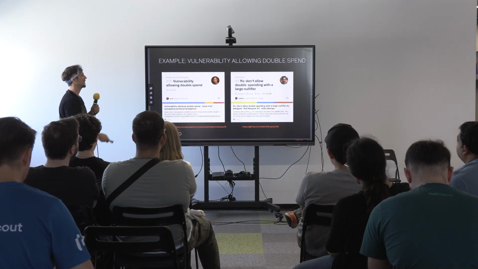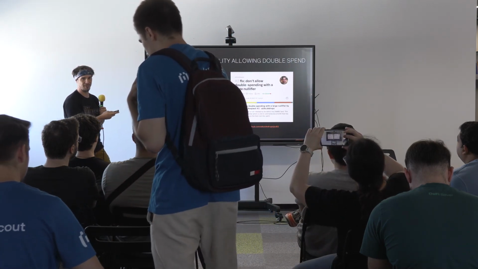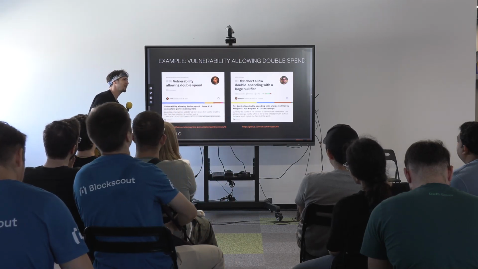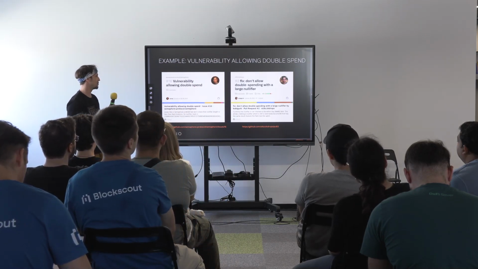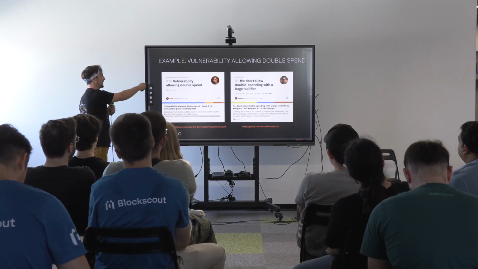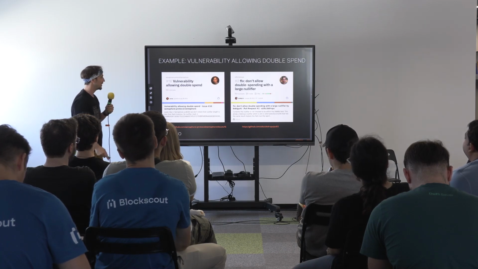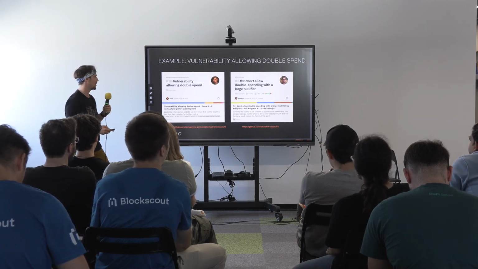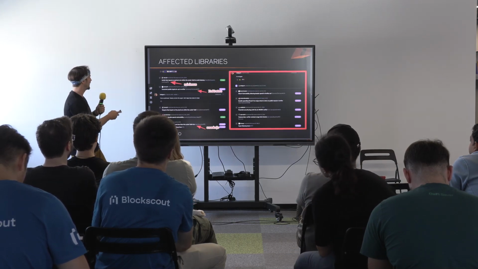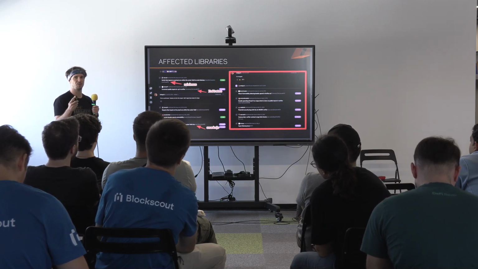So that's an example of a vulnerability you can find, and there was a very interesting thing that happened on GitHub. Roman Semenov, one of the developers who works on ZK, found this vulnerability that allowed double spend. It affected so many libraries. It was in 2019, and it affected all the libraries that we used at that time.